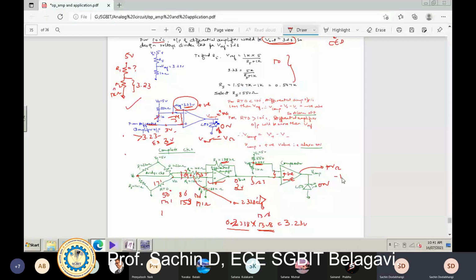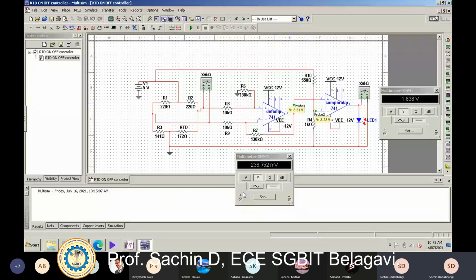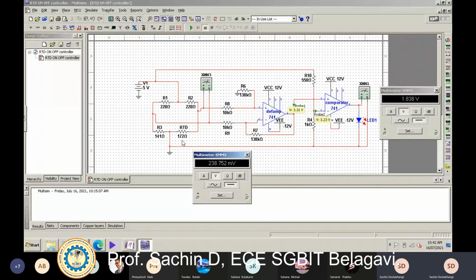We'll move on to the software simulation. In this Multisim, you can see I had given the RTD value as 172 ohm in the bridge circuit. At 100 degrees centigrade the RTD value is 171 ohm.